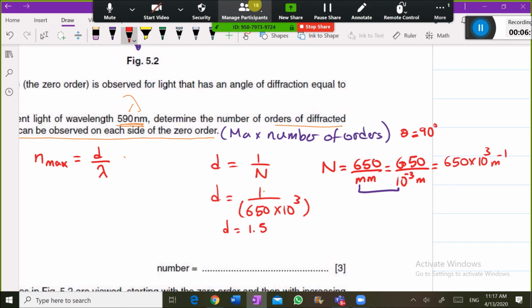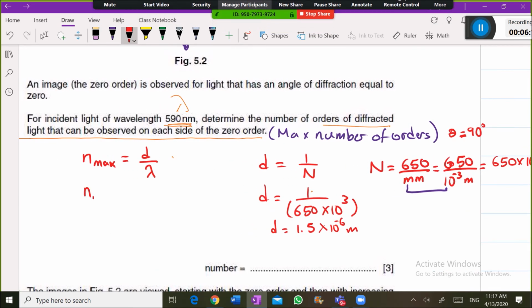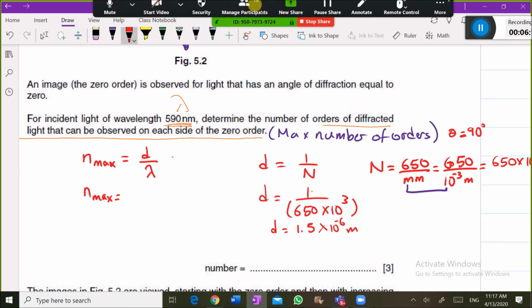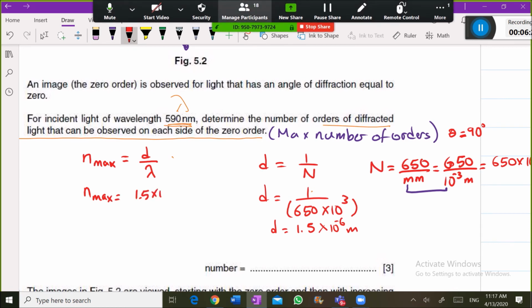So now N max equals 1.5 times 10 to the power -6 over lambda, which is 590 nanometers, 10 to the power -9. So give me the exact number, please.